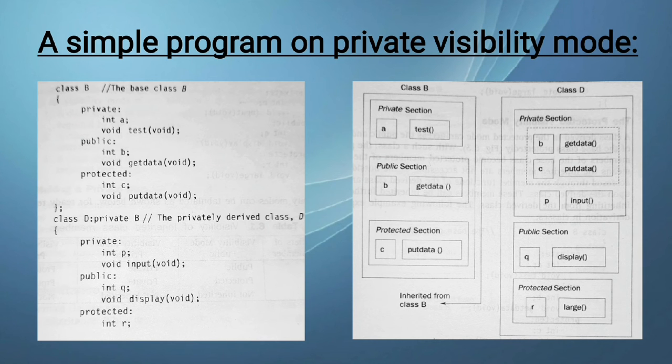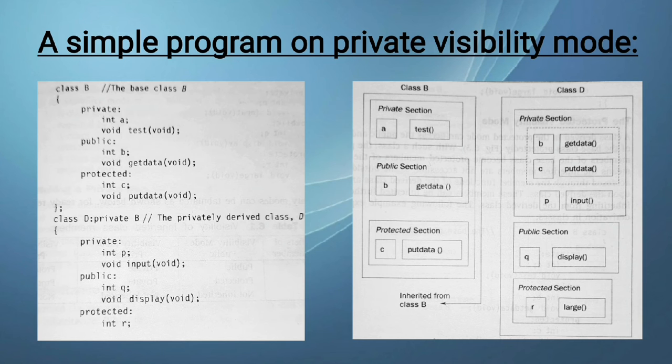In such a case, these public members and the protected members both become private under the new derived class D. So it was public and protected in the base class, but when it is inherited into the new class D, it becomes private, as you can see in the block diagram. Under the private section, B and C and get data, put data are considered private. So only its own class or its member functions can access it.